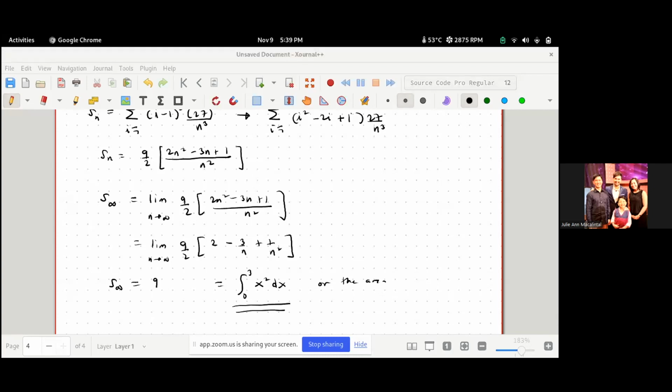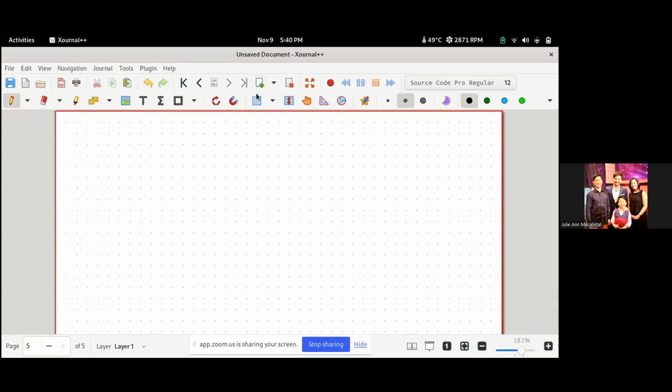So same function, y equals x squared, yung sa example 4.